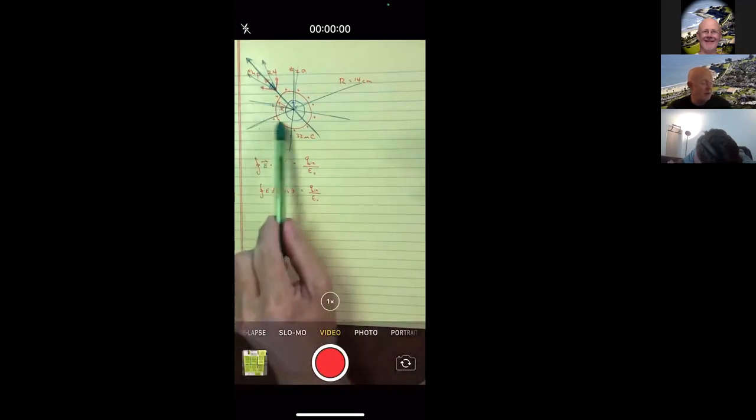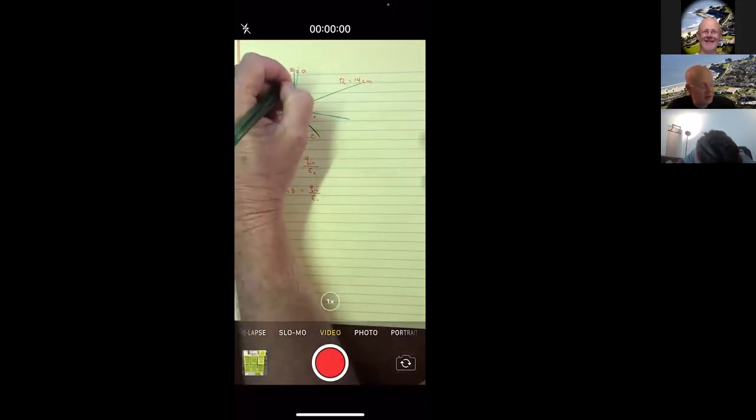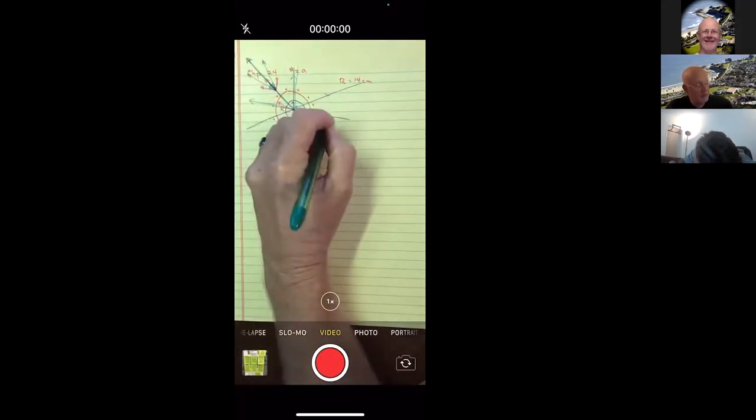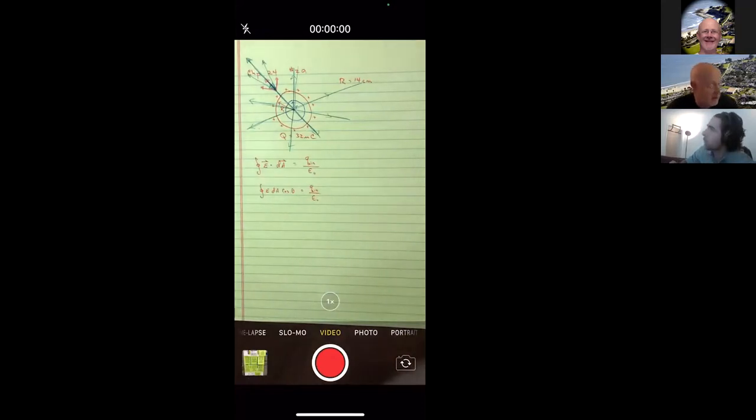So my green lines here, which I drew as lines of symmetry, I will now say also represent lines of the electric field. This is what the electric field would have to look like. There's no other option. Now, here's the great thing about that.